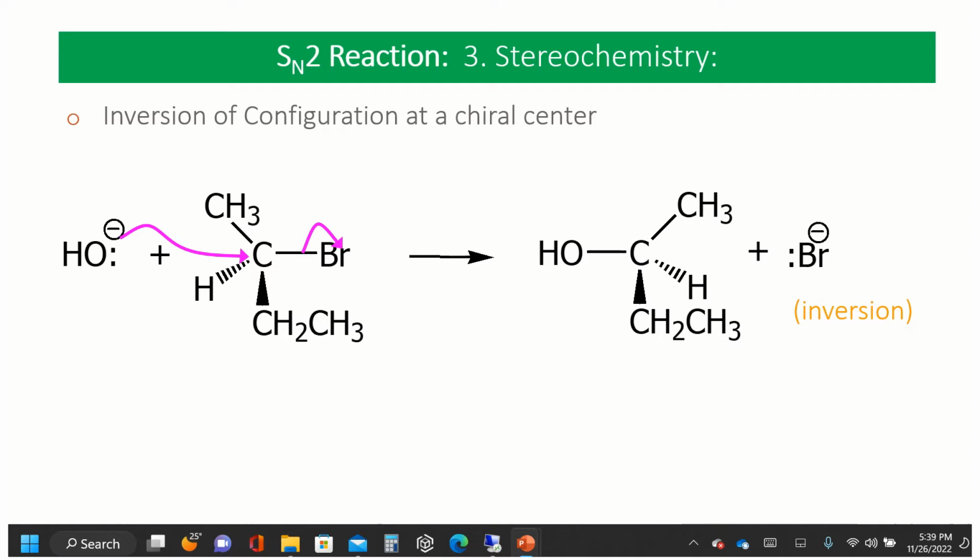So in this case here, stereochemistry, see that this fella is assigned an R configuration. So with inversion, we realize this.